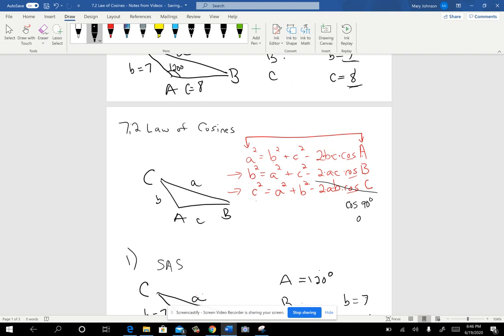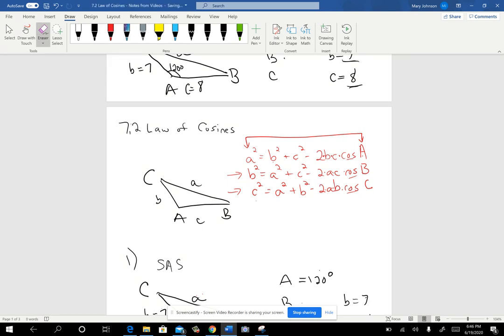So the Pythagorean theorem is almost like a special case that happens when you have a 90-degree angle. You could use the law of cosines there, it's just you wouldn't. If you had a 90-degree angle, you'd be able to use the Pythagorean theorem outright, use the SOHCAHTOA relationships and be done with it.